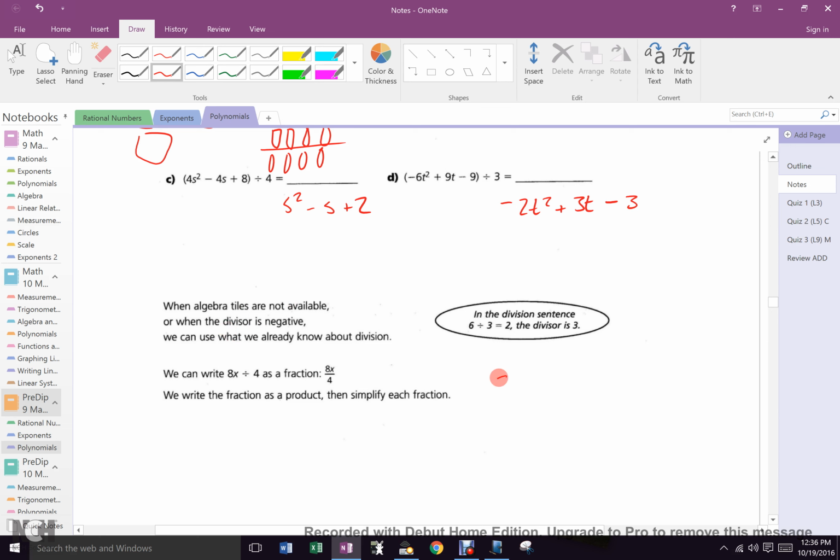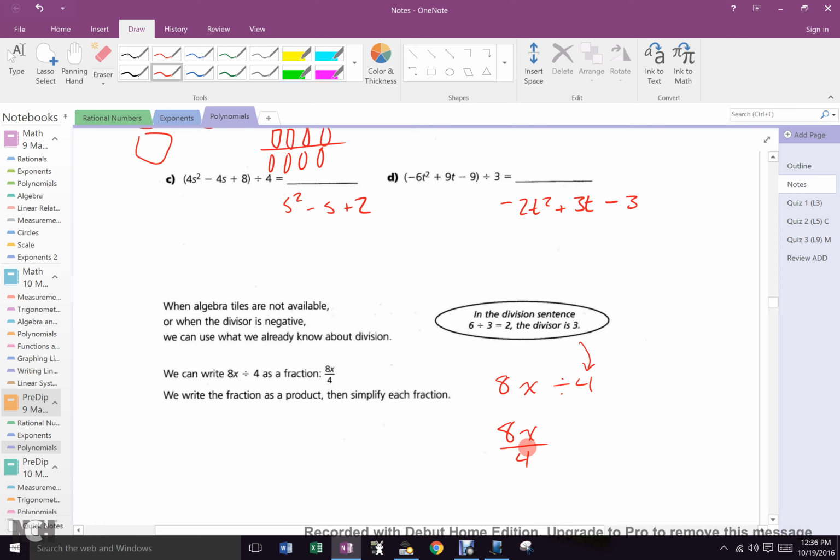So if I have 8x divided by 4, as I say right here, that's the divisor. That is the same as 8x over 4, right? Yeah? Okay.